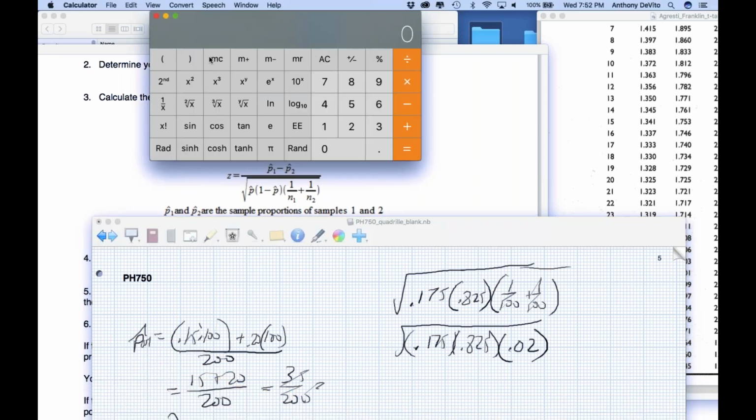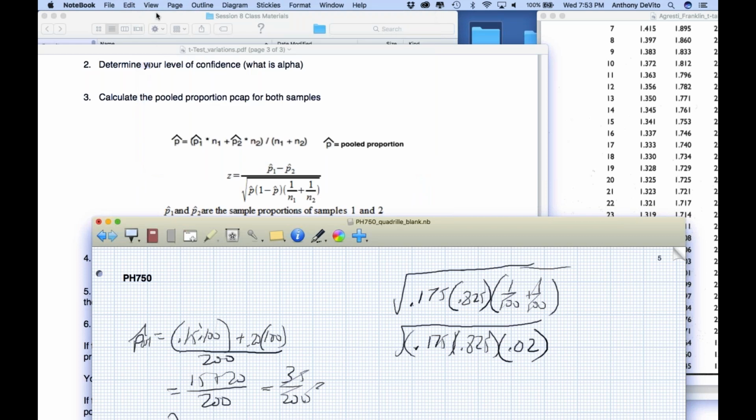So clear this too. Okay, so 0.175, anybody dispute me there? Times 0.825 times 0.02 is equal to this whole thing, and then I'm going to find the square root of that, and that's equal to 0.05. I'm going to round it off to 0.05, just to keep our calculation a little bit simpler.